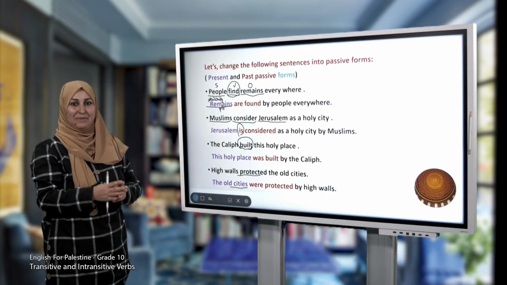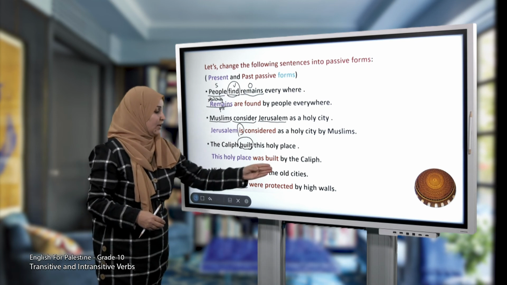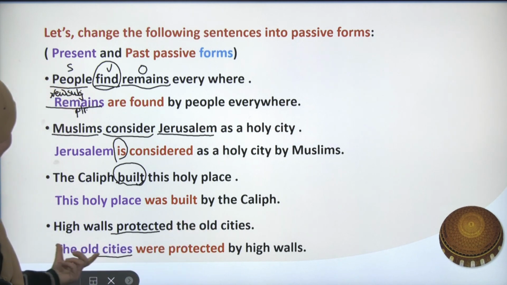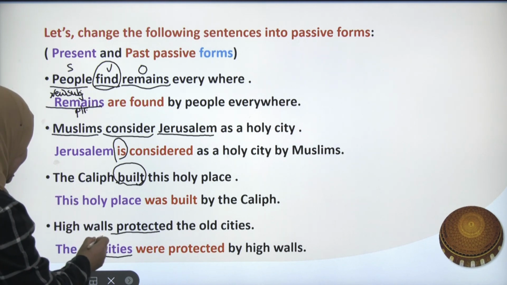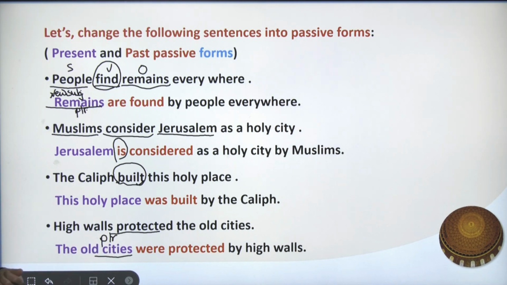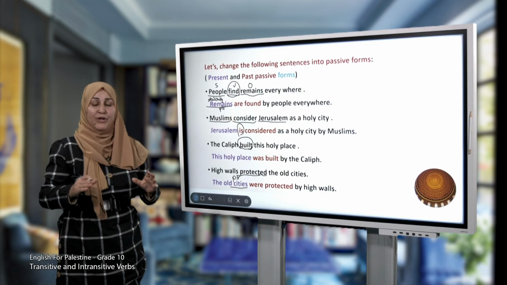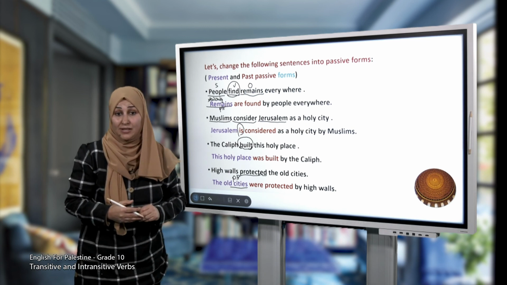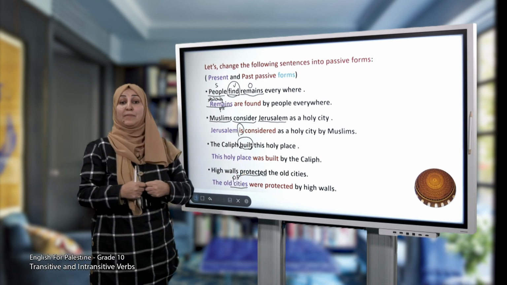The last example is: high walls protected the old cities. The new subject will be the old cities. Cities is plural, and the main verb protected is past. So if we go to the be verbs, it will give us a plural and past member.